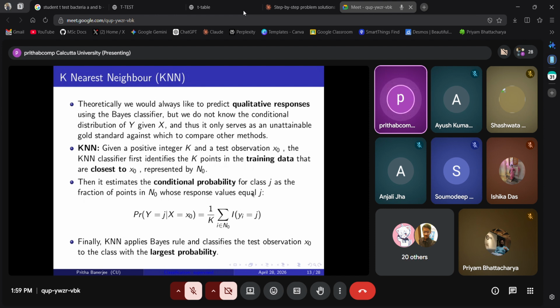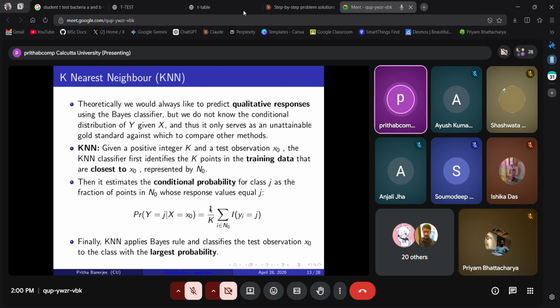So that is what you do in the k nearest neighbors algorithm, and mathematically you can express it in this fashion. Everything is an estimation. You are estimating the conditional probability for class j, that is, the probability that y equals class j given x equals x0. That is the fraction of points in N0 whose response value equals j.